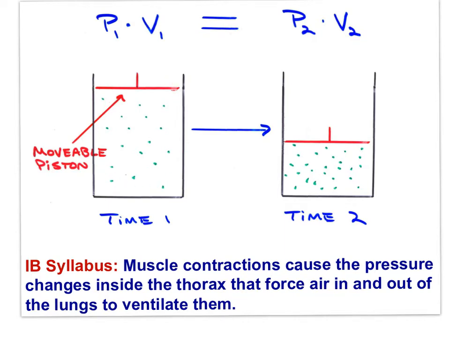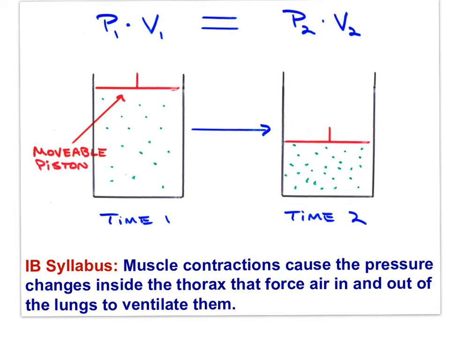The relationship is inverse. If the volume of the gas within the container is large, then the pressure exerted by the gas on the walls of the container is small. But if the volume of the container is small, then the pressure of the gas on the wall of the container is large. And that's the way it must be for this equation to work.